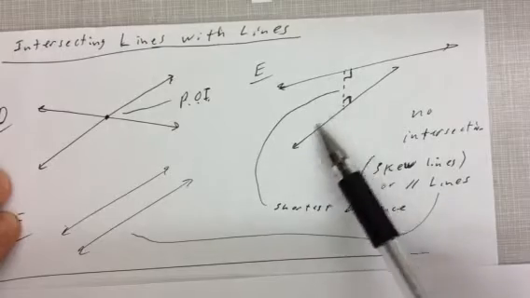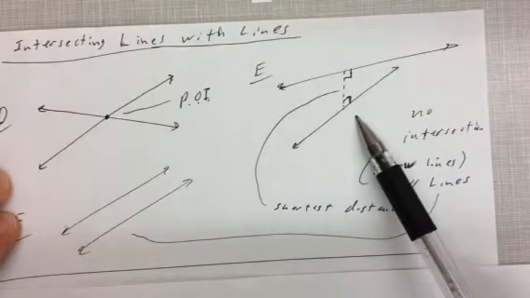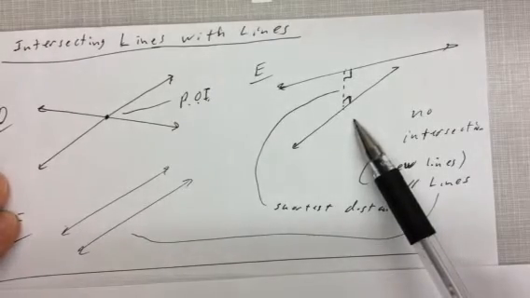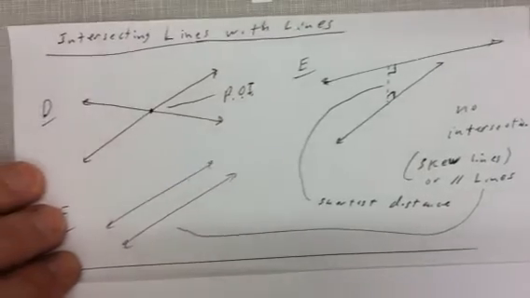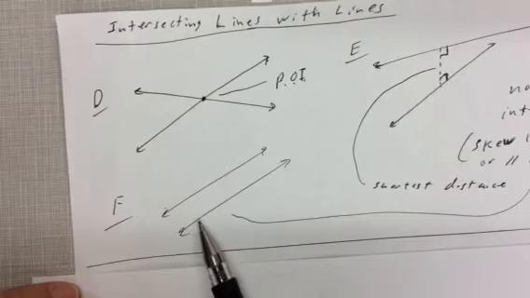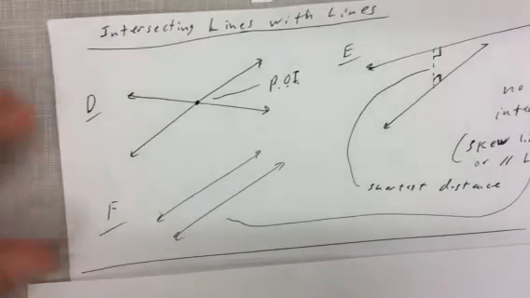So this is supposed to be an image of 2 lines in 3 dimensions. They're not parallel and they don't intersect. One sort of runs over the other, like 2 airplanes passing in the sky going different directions. And the third case is that the lines are parallel. So there's no intersection in these last 2 cases.